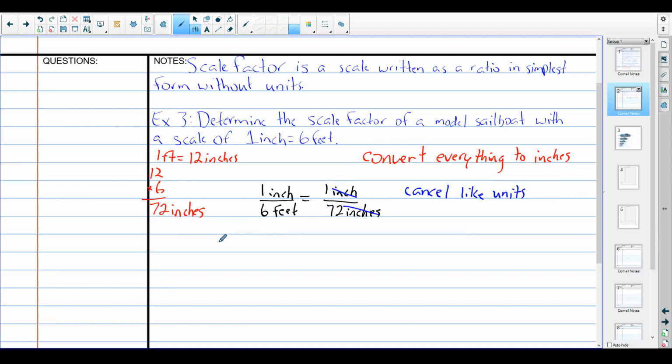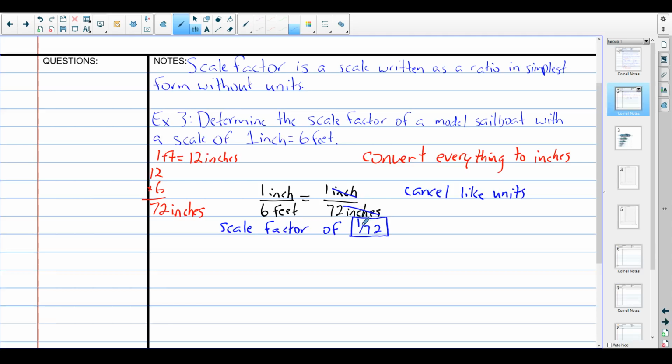So all we're left with is a scale factor of 1 to 72. And that's our answer. So all we did is we just converted one of our units to the other, so we can write our scale as just a ratio. We don't have to worry about any units anymore.